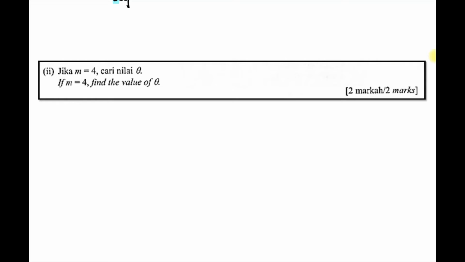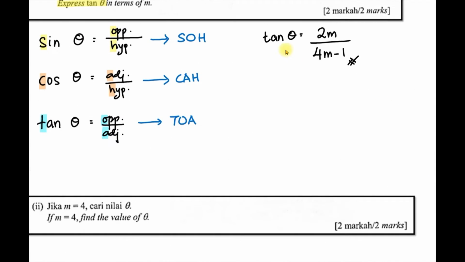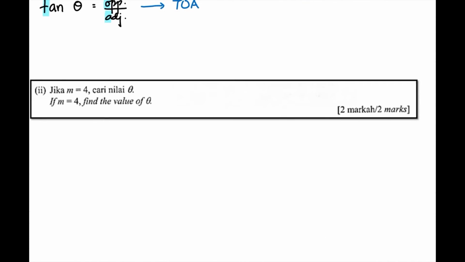Since now we know that tangent theta equals 2m over 4m minus 1, which we got in our previous sub-question, now I'm going to replace the value of m as 4 based on what the question is asking me to do. So instead of writing the m, I'm going to now replace m with the value of 4.